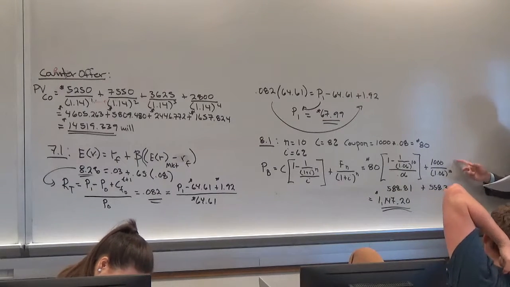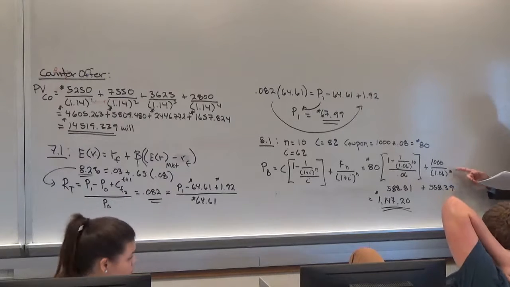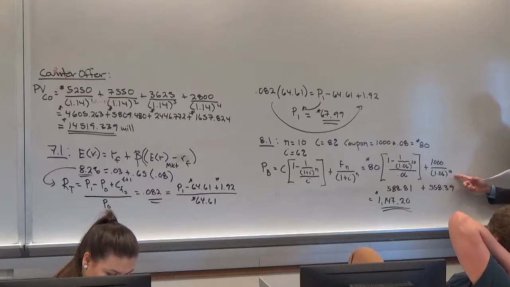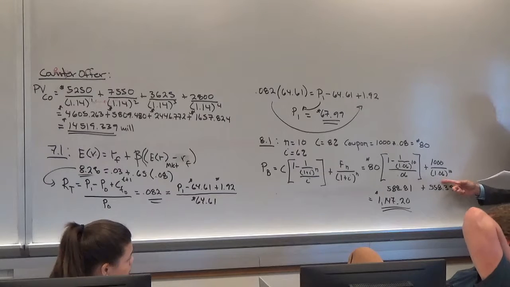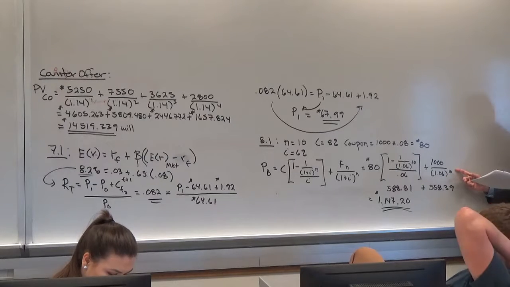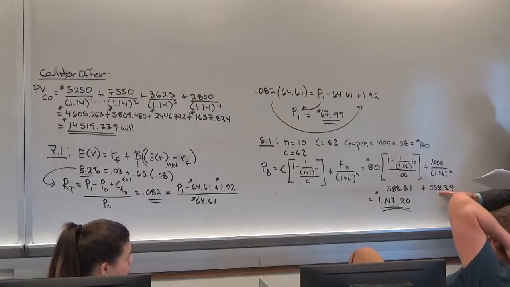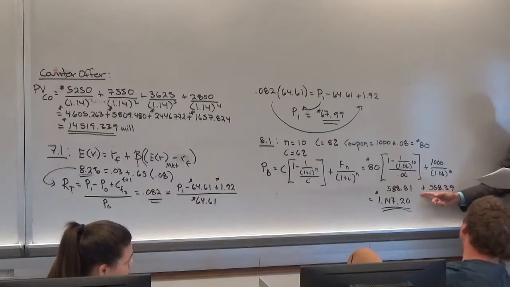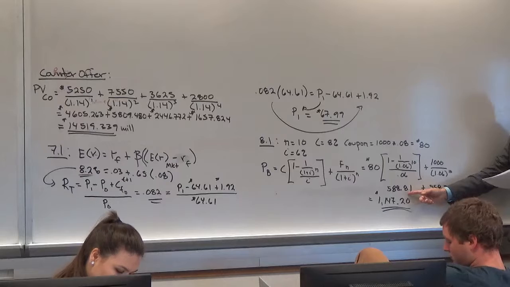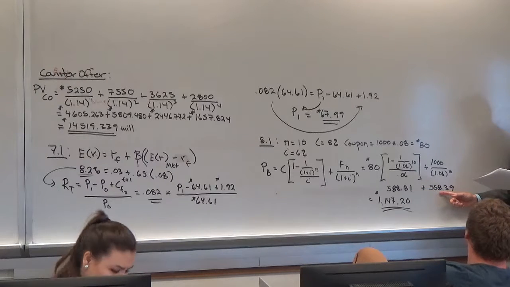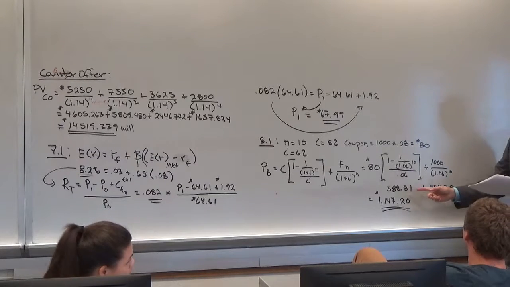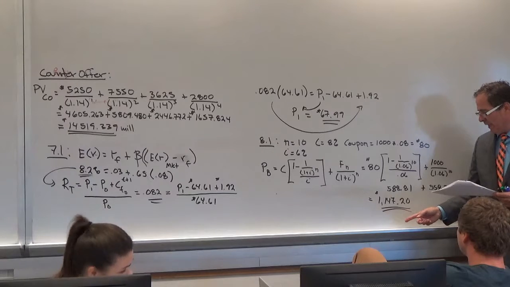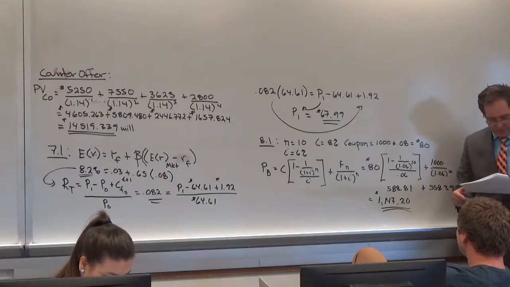Then I'm going to take the $1,000 I'm going to get in year 10, and I'm going to discount it back to the present. So 1,000 divided by 1.06 to the 10th power is going to give me $558.39. I have the present value of the coupons plus the present value of the principal, and I'm going to get the value of the bond of $1,147.20.